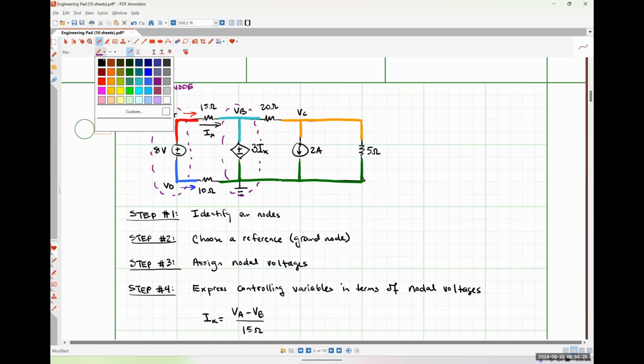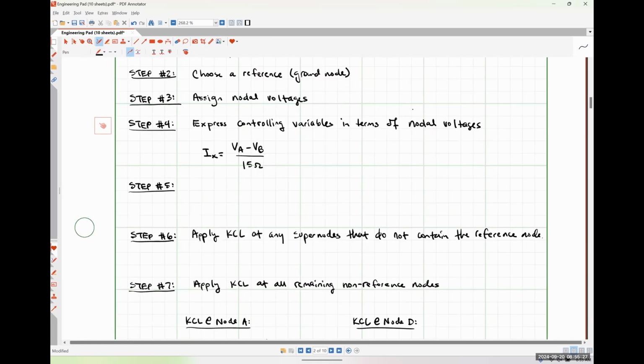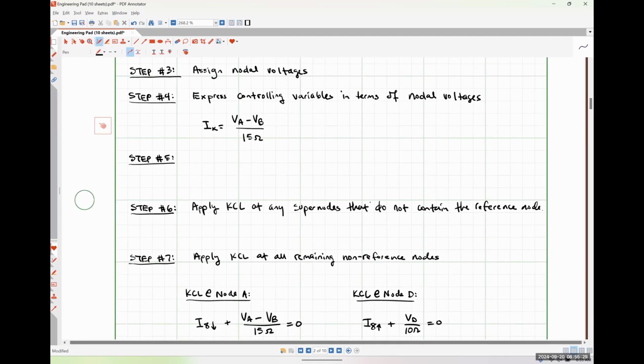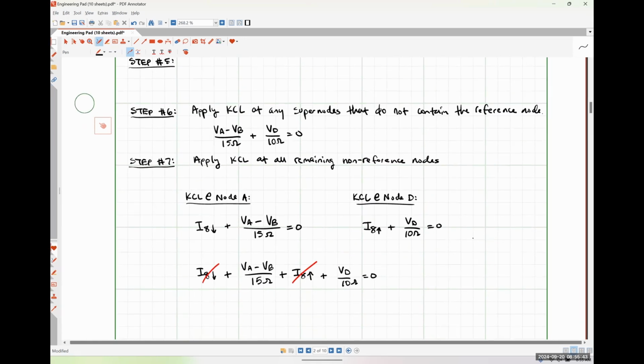Okay. So our equation, when we apply KCL there, would just be what we came up with earlier. VA minus VB over 15 ohms plus VD over 10 ohms is equal to 0. And I'm going to now just erase all of this stuff because we have all of that information encapsulated in our KCL supernode equation.